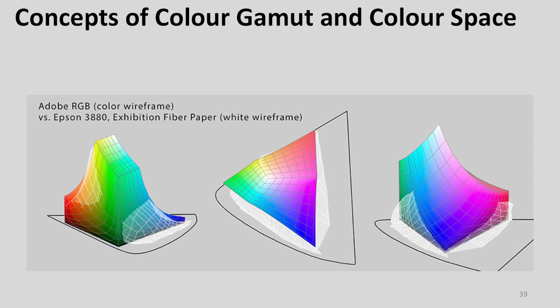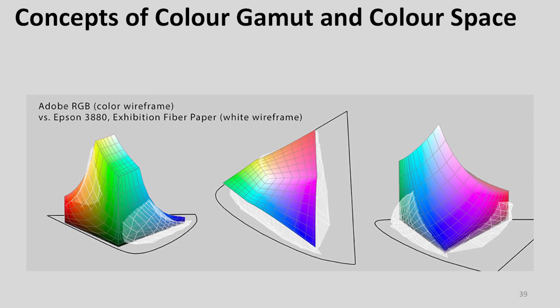What you're looking at currently is Adobe RGB color space and Epson 3880 output, the color space or the gamut for 3880 exhibition fiber paper, which is like a luster paper. It's not quite as glossy as a semi-gloss which you'll be using. Adobe RGB color space and what the Epson 3880 can reproduce is defined here quite beautifully.